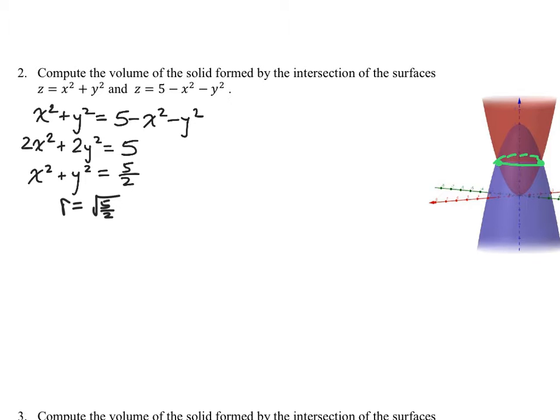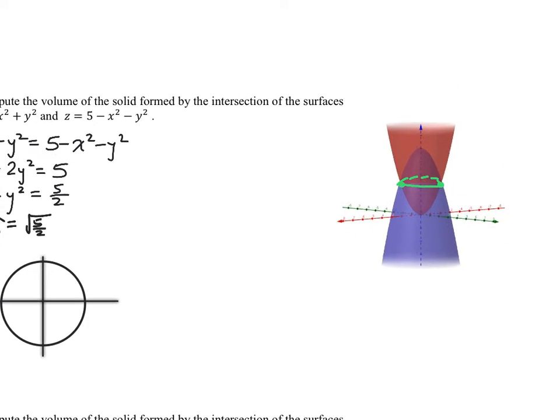Our theta value, if I did an xy trace of this, just based off of the diagram there, no matter where I draw my circle, down here, or up here, or down here, it's still going to be a circle.